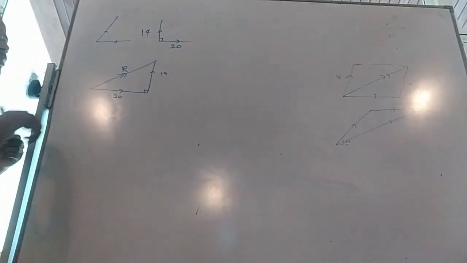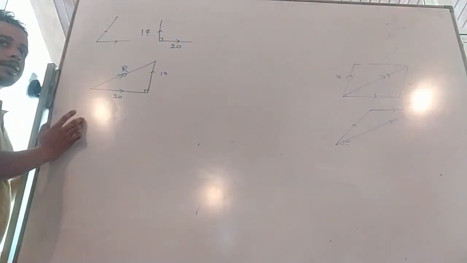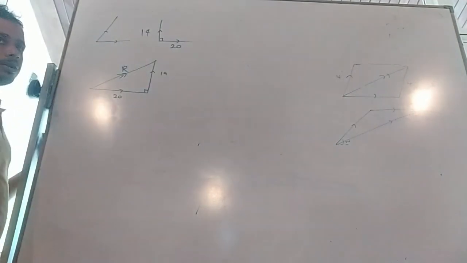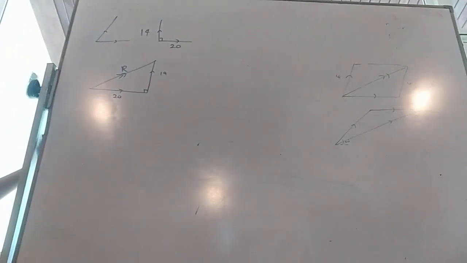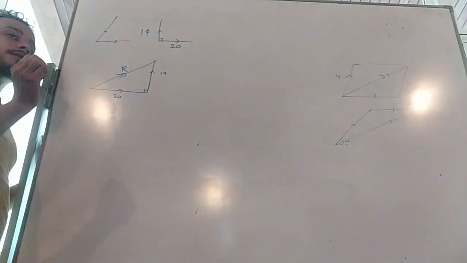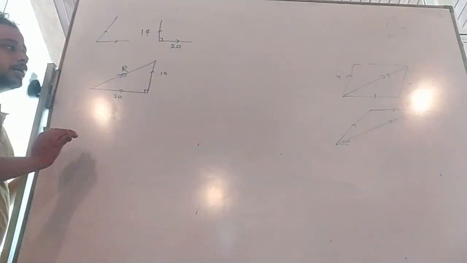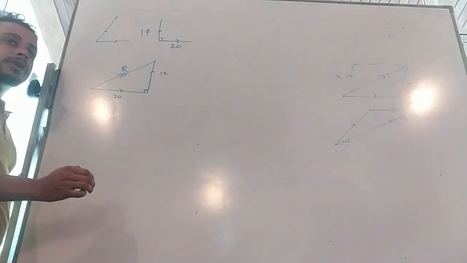Now what is this triangle? It's a right angle triangle. So in a right angle triangle you can easily calculate this one. How? Pythagoras. Therefore if the two vectors are perpendicular to each other, we don't have to draw a scale diagram. It's not needed at all. We can simply do a calculation and find the result.